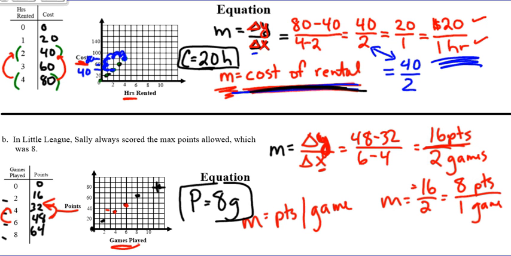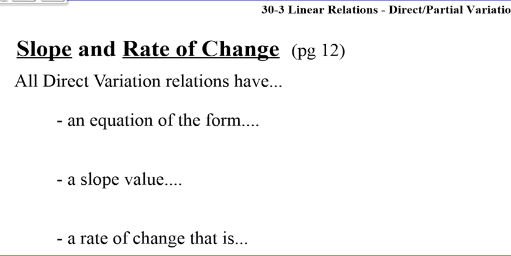That was the equation we came up with. But look at this, 8 points per game. There's the slope again. So slope and word problems have very important relations. Slope is an important value when we get to word problem situations.